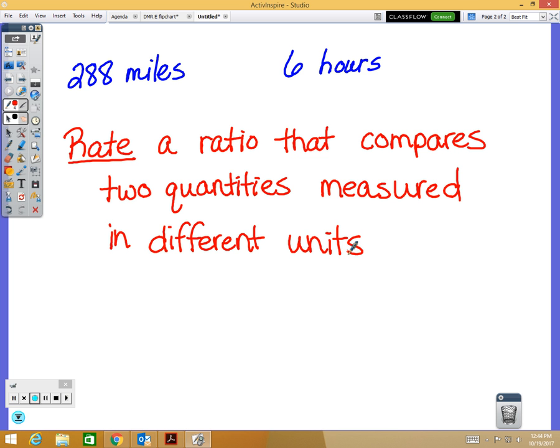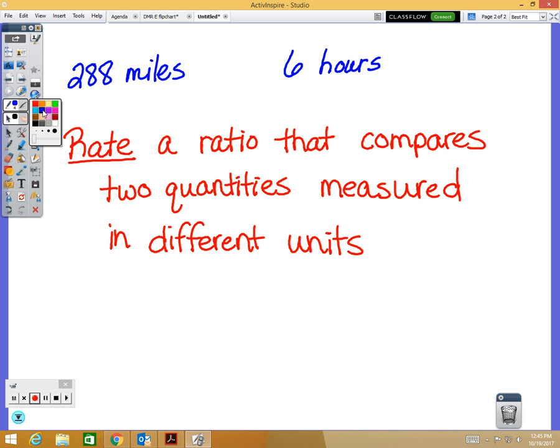So again, a rate is a ratio that compares two quantities measured in different units. 288 is a quantity, 6 is a quantity. The different units that they're measured in: one is measured in miles, one is measured in hours.